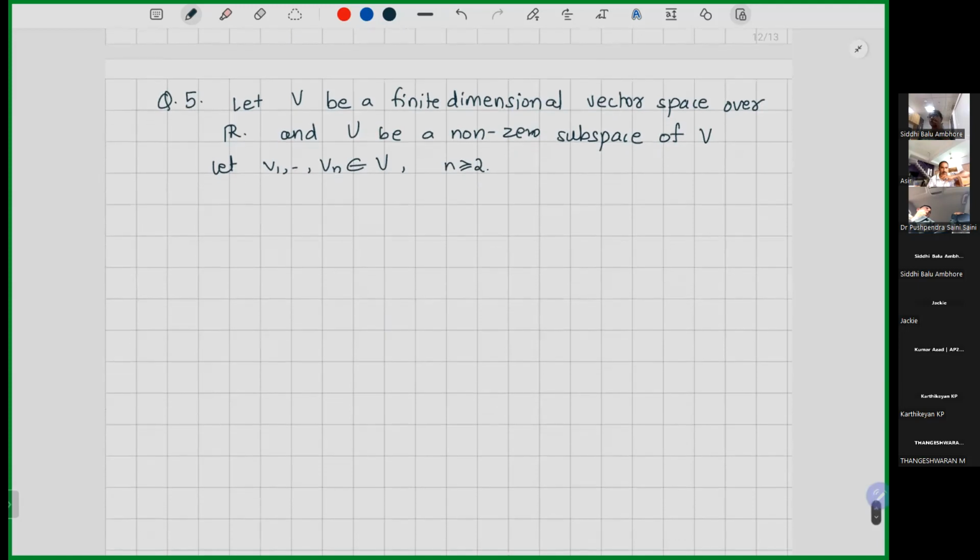So these V1 to Vn are at least 2 elements. Then check whether the following statements are true or false.